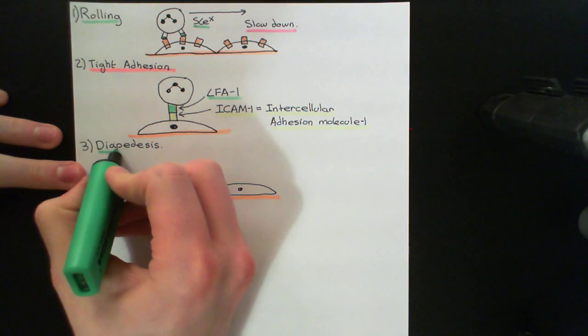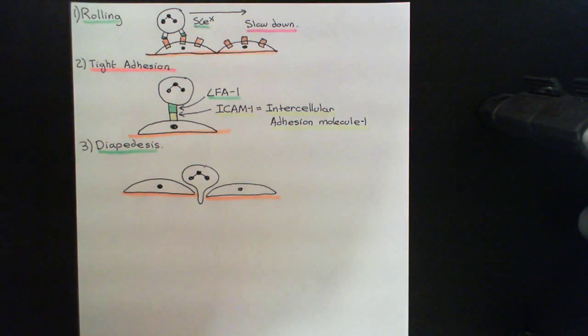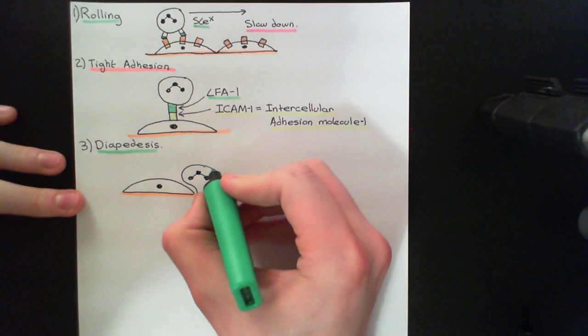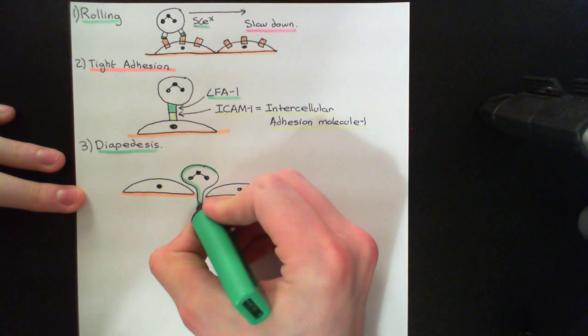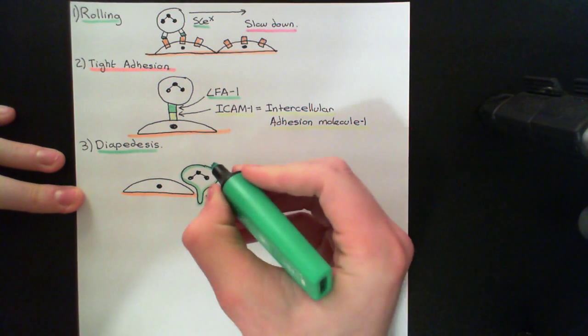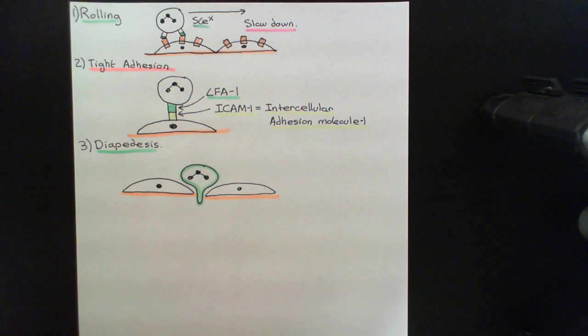This process of a neutrophil deforming and squeezing through that gap between endothelial cells so that it can leave the bloodstream and go into the tissue fluid is known as diapedesis.